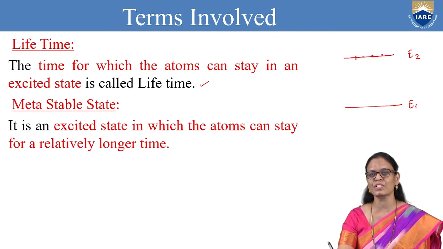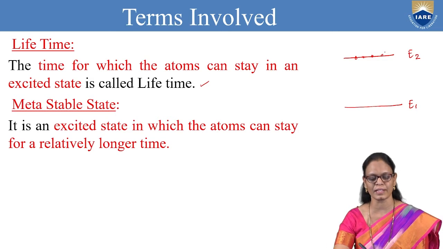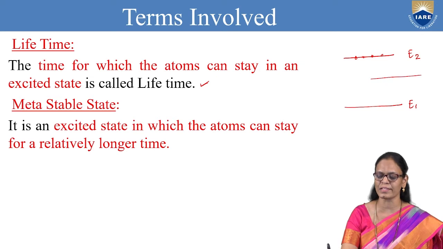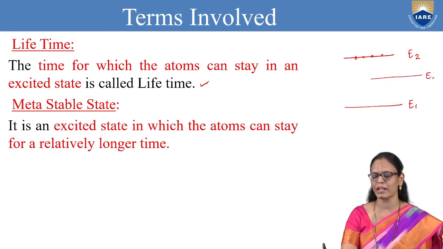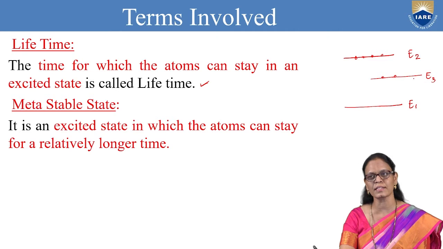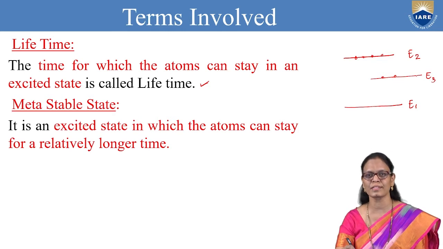The time for which they can stay in the excited state, we call the lifetime. Suppose there is another level, E3; these atoms may come and stay here, and the time for which they can stay in this state, we call the lifetime. But there may be a difference in the time for which they stay, which we are going to discuss.